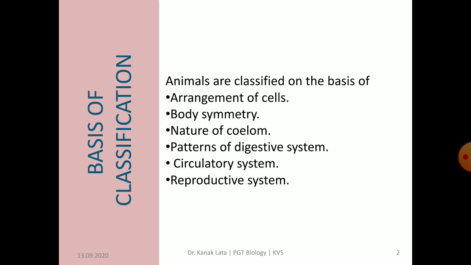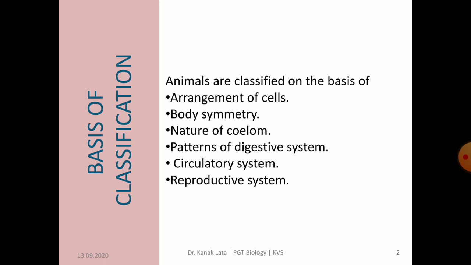Certain animals have no body cavity except that in the digestive tract, others possess an additional body cavity between the body wall and digestive tract, and some have pseudocoelom. So this also we are going to discuss here.